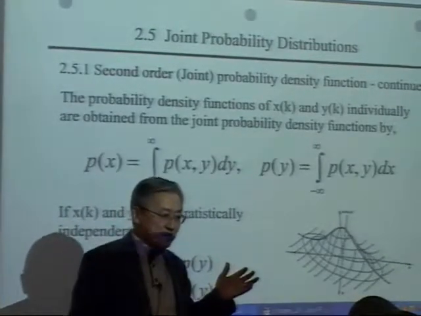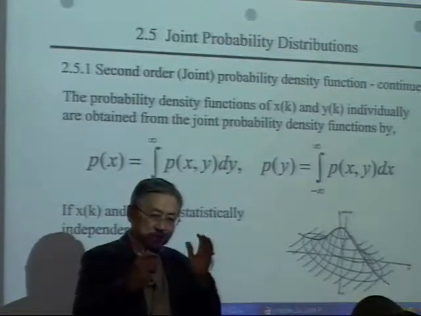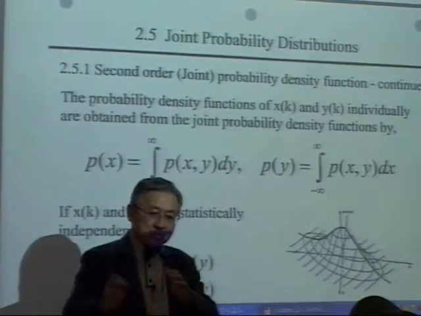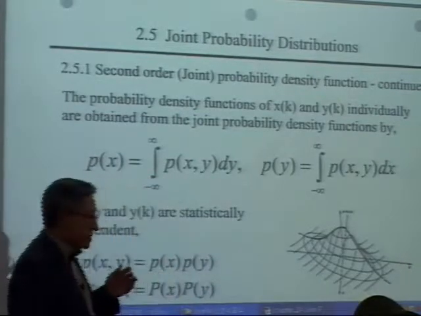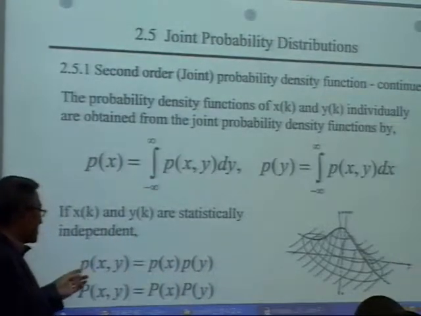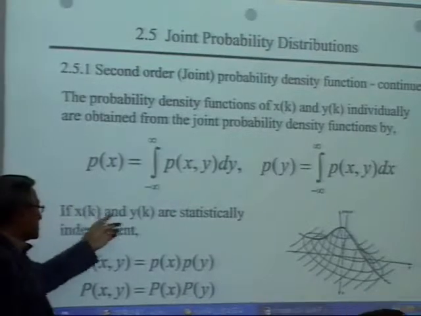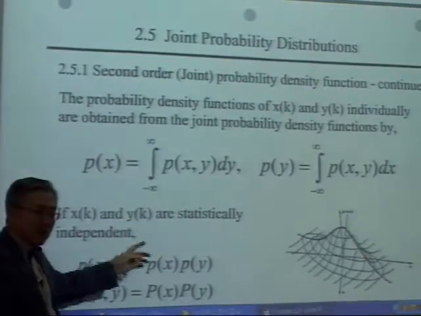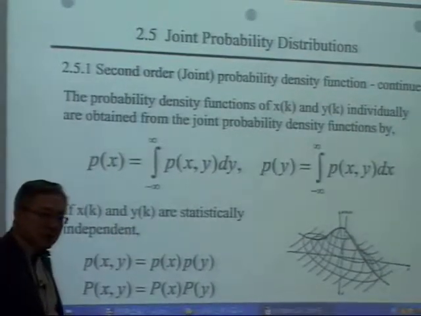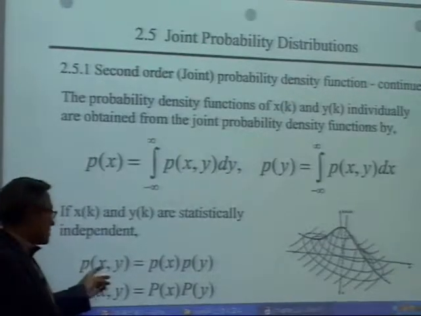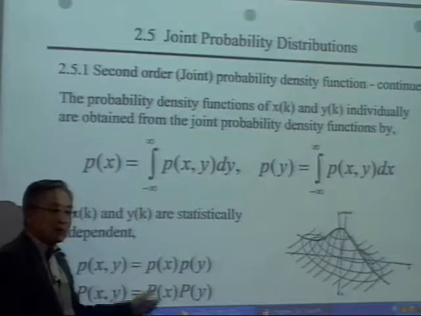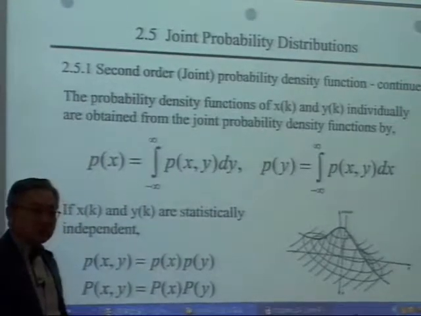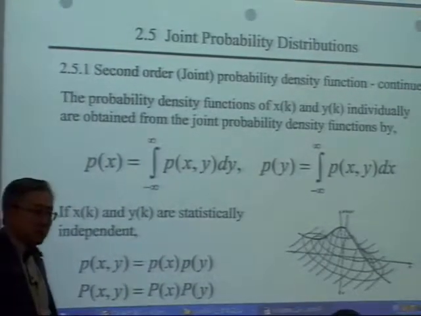The correlation term is 0. So it's purely px and py multiplied together. When these random variables are statistically independent, the joint pxy is simply the multiplication of the individual probability functions.